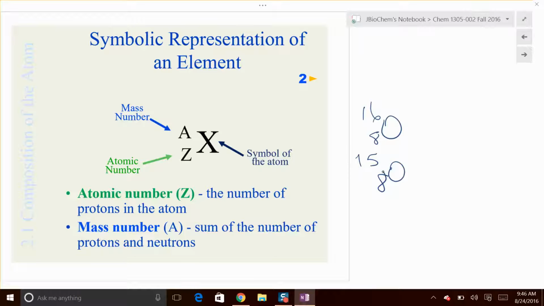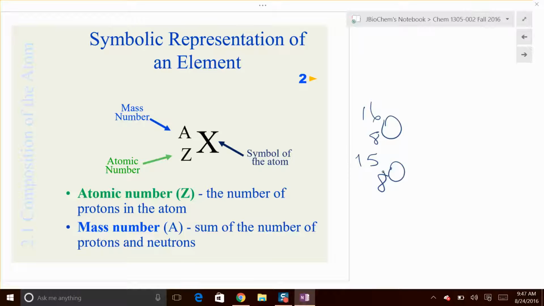What else? Neutrons. Okay. Well, guess what? The number of neutrons can change in the nucleus of an atom. And if I change the number of neutrons, I will change the mass of that element. The number of protons determines the element, what it is. The number of neutrons will determine the mass.